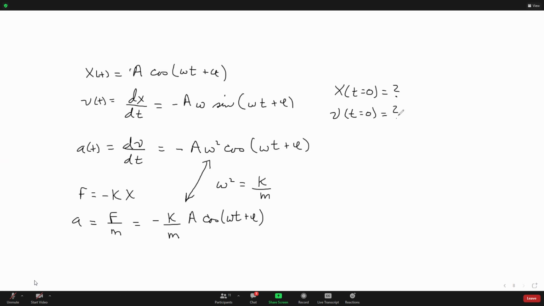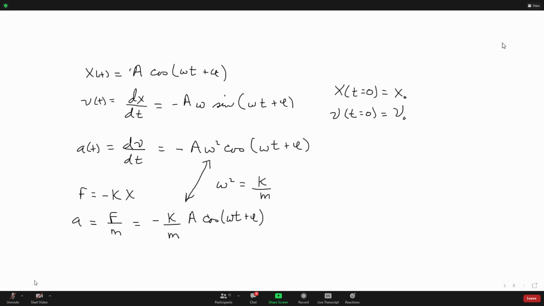If I know those two things, then I can determine A and phi. Let's go ahead and symbolically call this x0, and let's symbolically call this v0.